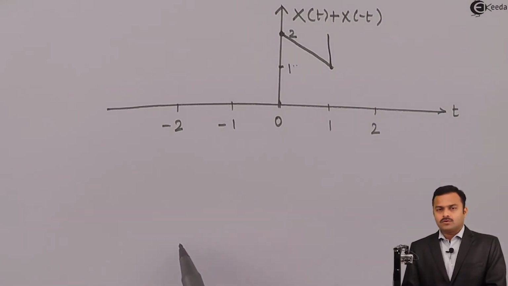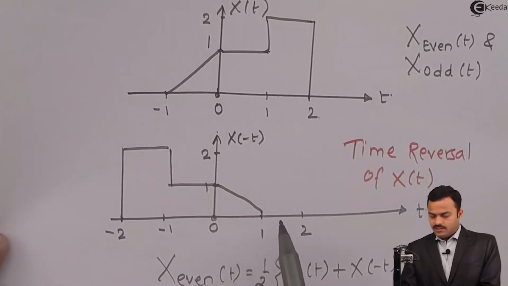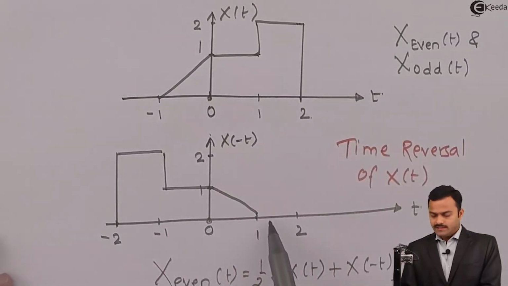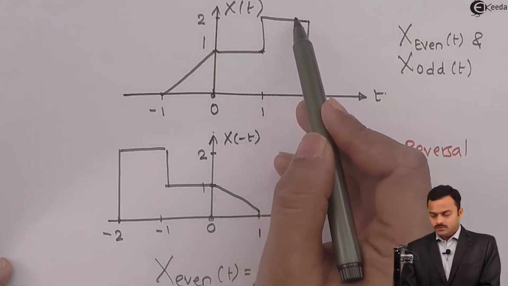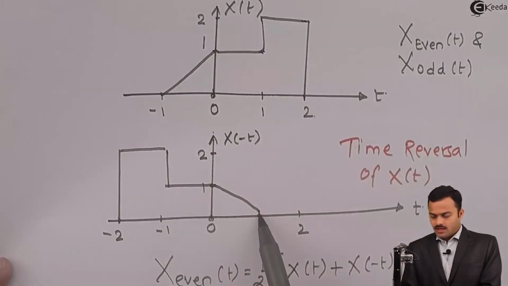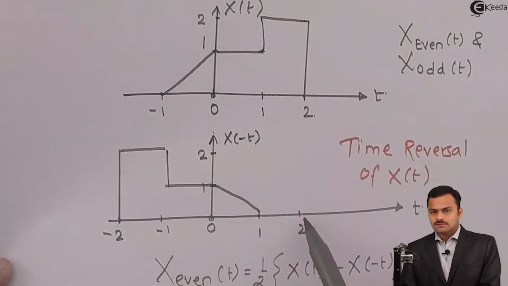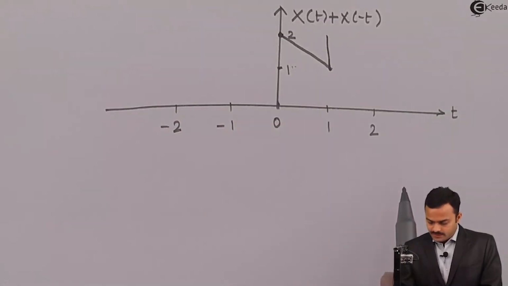Now let's find out what will happen from 1 to 2. From 1 to 2, here the slope is 0, here also the slope is 0. So in the end, 0 slope, but a constant value of 2. Here it's a 0, the addition will become 2, and at t equal to 2, both are reaching 0, meaning the resultant should be like this.